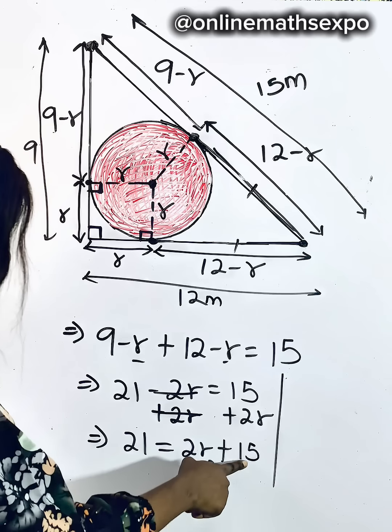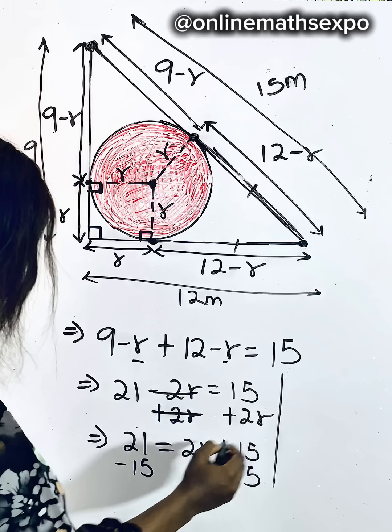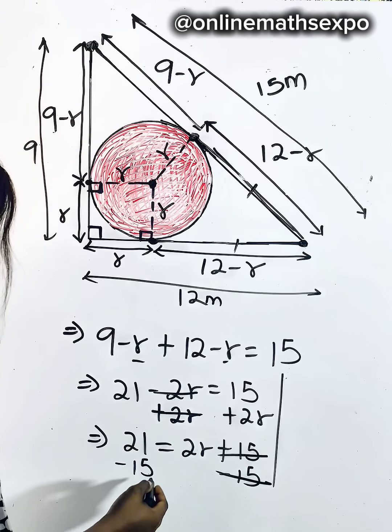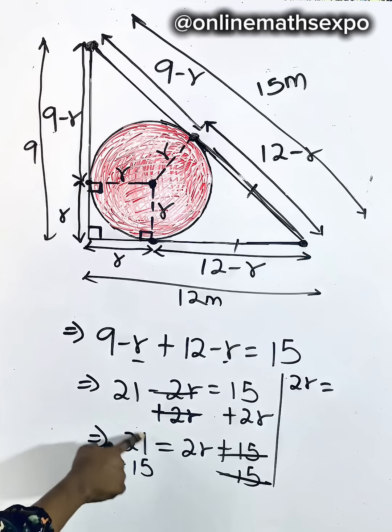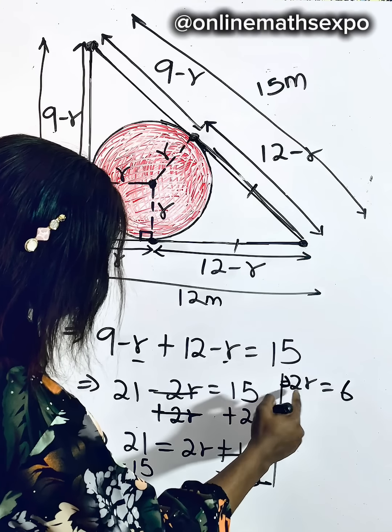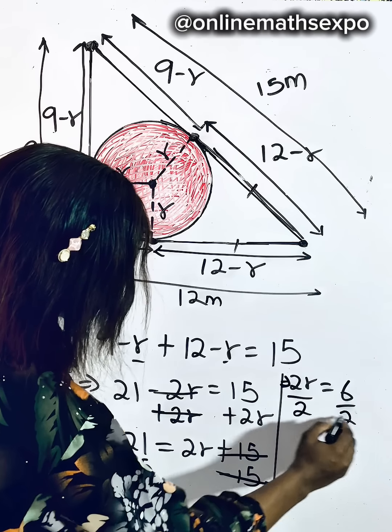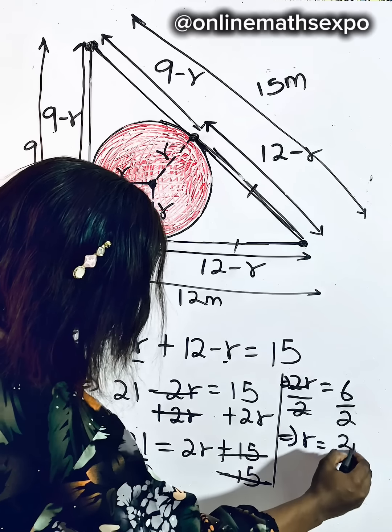Now to remove this 15, subtract 15 from both sides. And when you do that, this takes off. So we are going to now have 2r is equal to 6. And to get r, you divide both sides by 2. And if you do that, the radius will give us 3 meters.